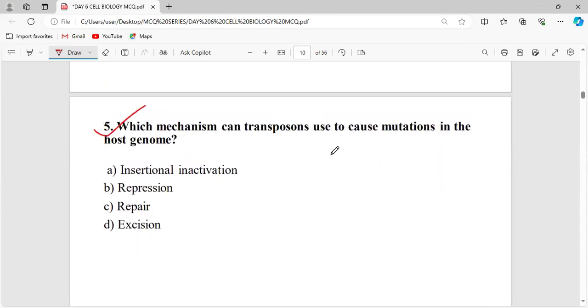Which mechanism can transposons use to cause mutation in the host genome? What is the name of the mechanism transposons use to cause mutation in the host genome?